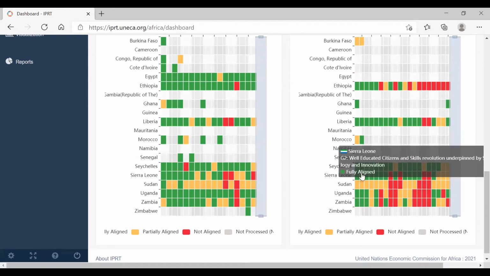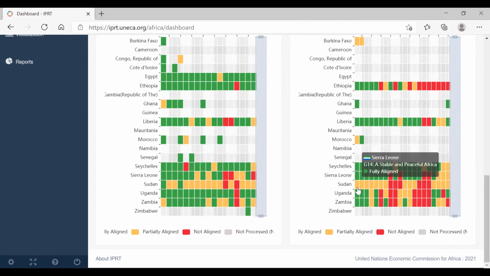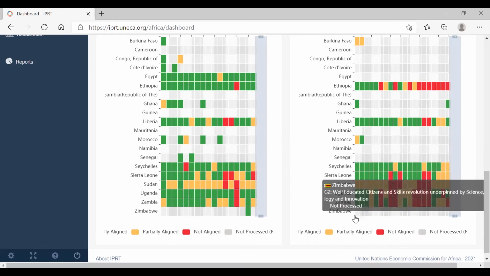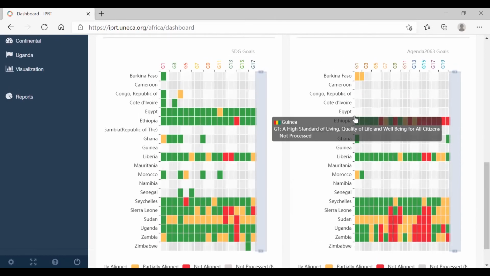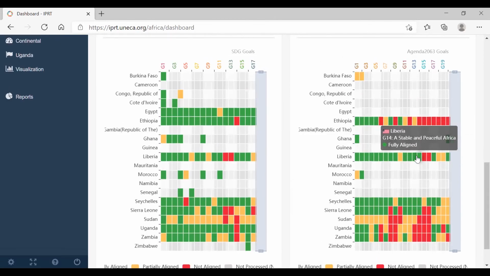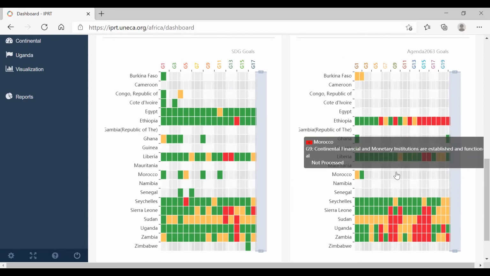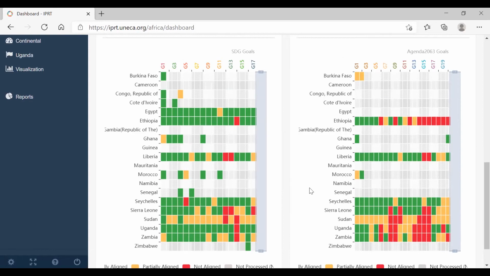But we see more integration, more effort in Zambia, Uganda, Sudan, Sierra Leone, Seychelles, Liberia, and Ethiopia. These are countries that have made efforts in integrating Agenda 2063 with their national development plans.